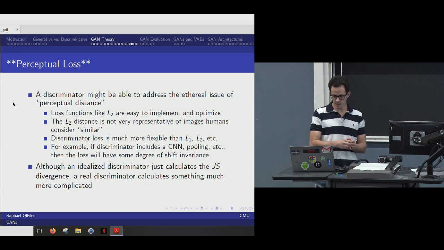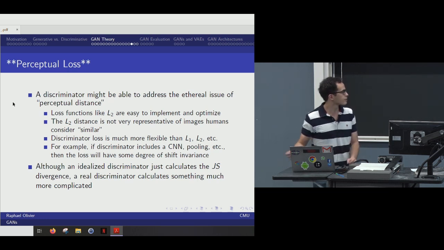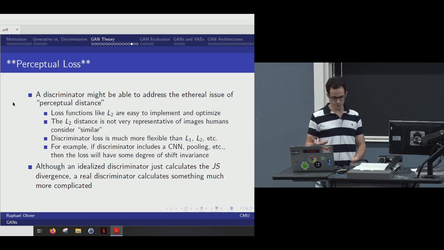And that's because the discriminator is sort of addressing at the same time all the problems that your loss functions, or your minimization objective, usually are. I don't know how clear that is, but let's think about something.